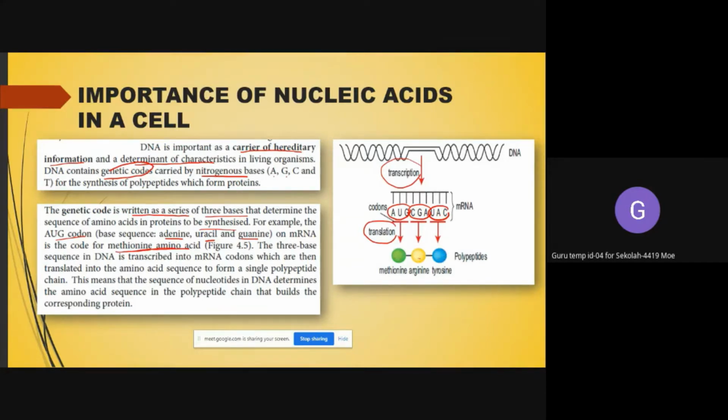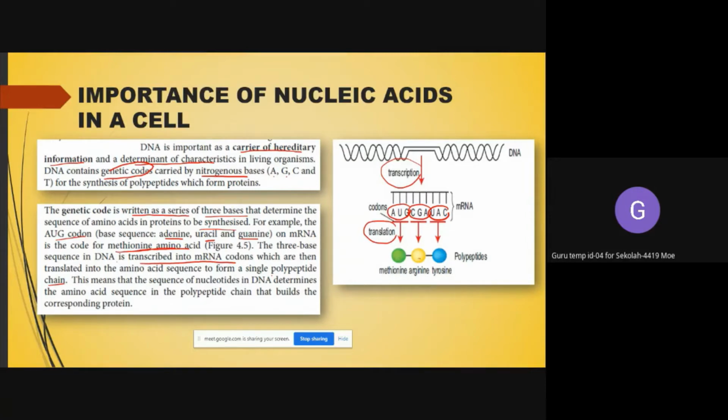Macam itulah. So the three base sequence in DNA is transcribed into mRNA codon, which are then translated into amino acid sequence to form a single polypeptide chain. So this means that the sequence of nucleotide in DNA determines the amino acid sequence in the polypeptide chain that build the corresponding protein.